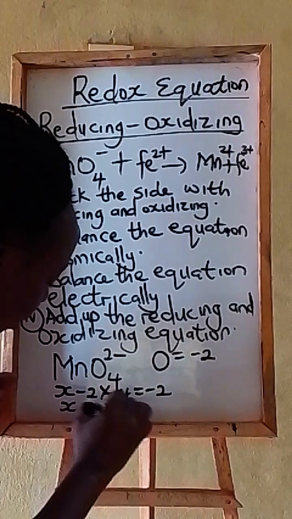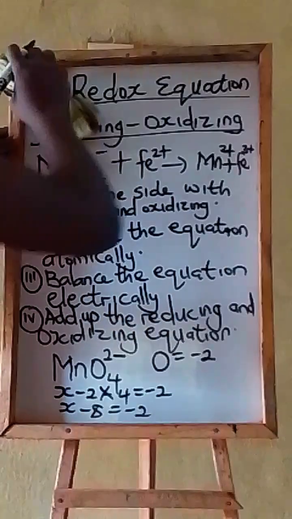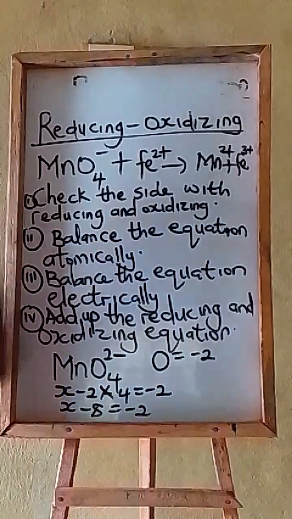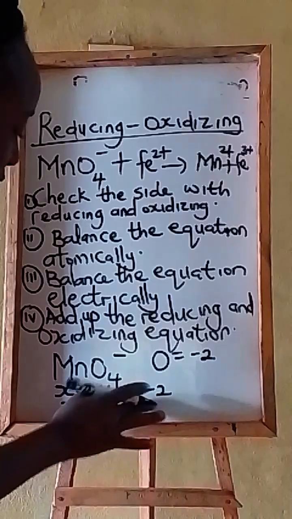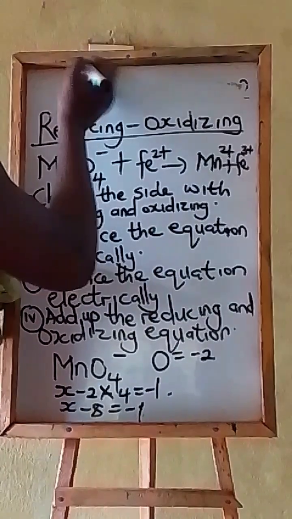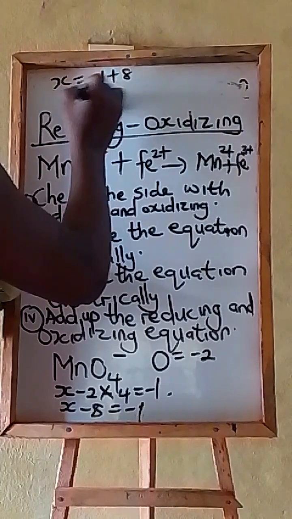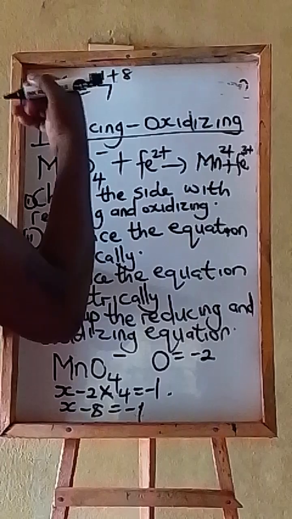X minus 8 equals minus 1. So X equals minus 1 plus 8, and that's going to give us 7.